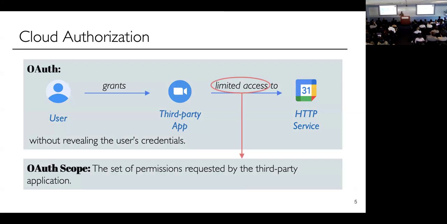So you don't actually reveal your Google username and password to Zoom, but Zoom gets this token, this number that grants it authority. The way the privilege is mediated here is through this OAuth scope thing. Think of it as a set of permissions that Zoom is getting to access your calendar.